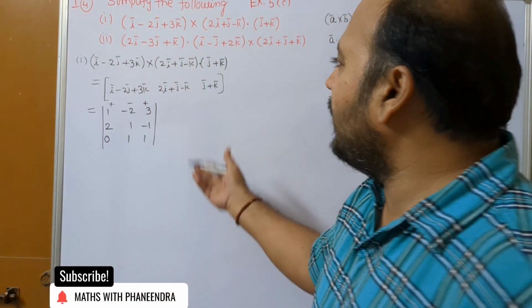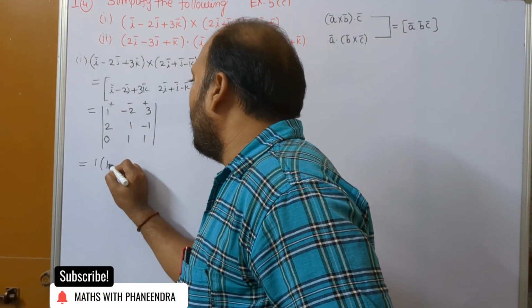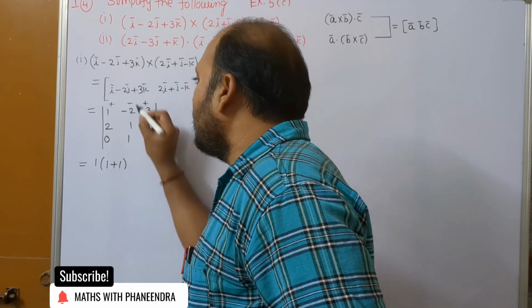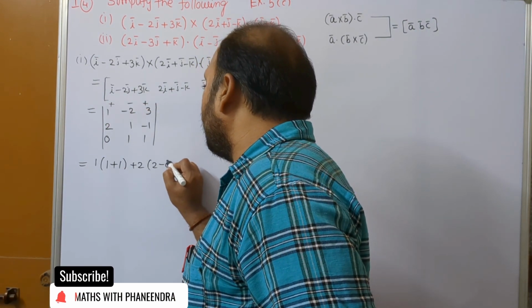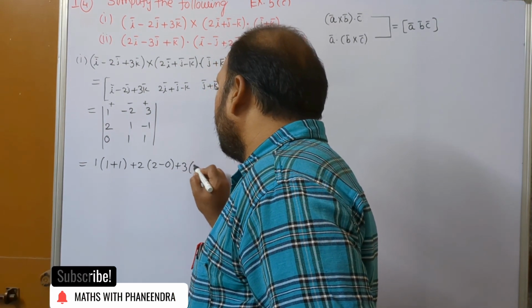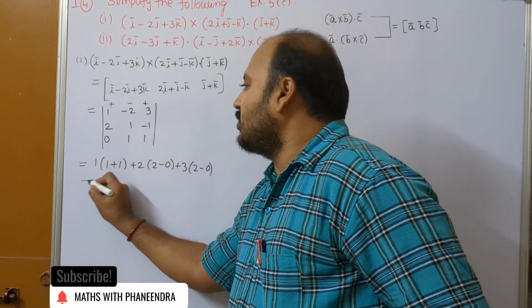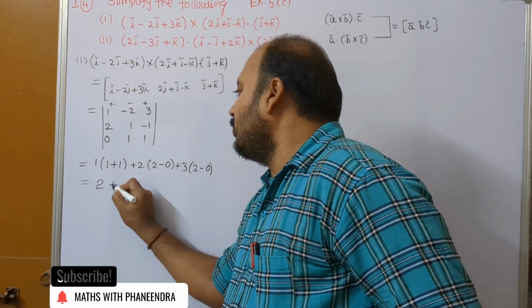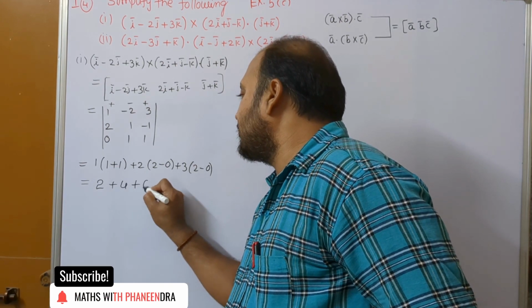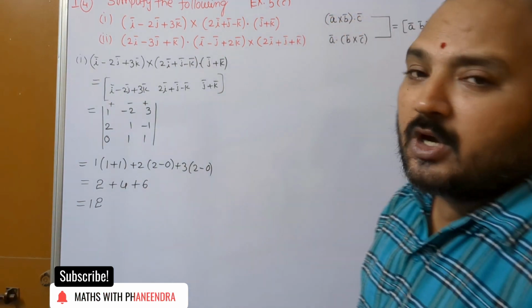We know how to expand, which is equal to 1 into (1 minus of minus 1, plus 1), minus into minus is plus 2 into (2 minus 0) plus 3 into (2 minus 0). So which is equal to 1 plus 1 is 2, 2 into 1 is 2, 2 twos are 4, 3 twos are 6. So 12 is the first question answer.